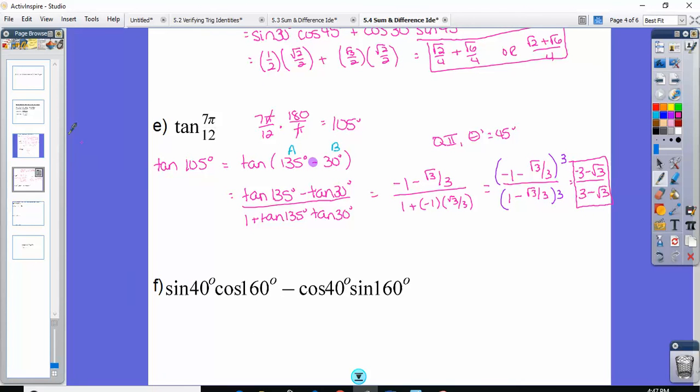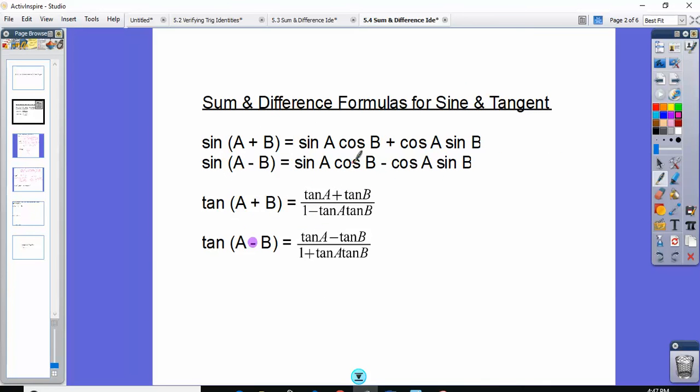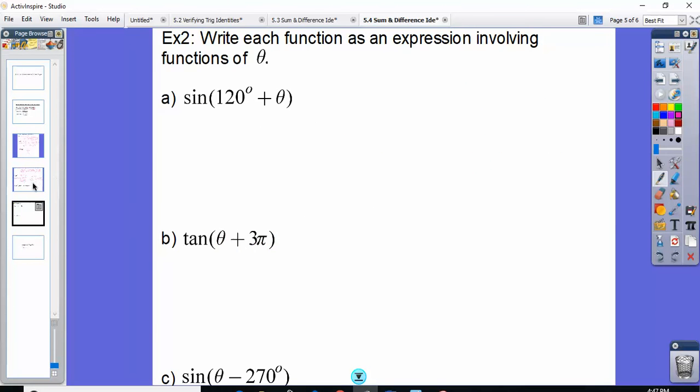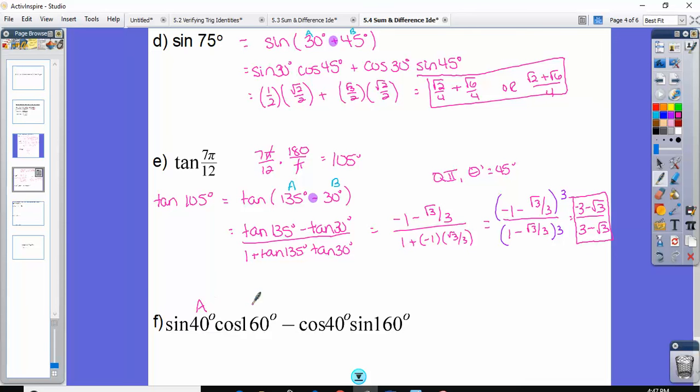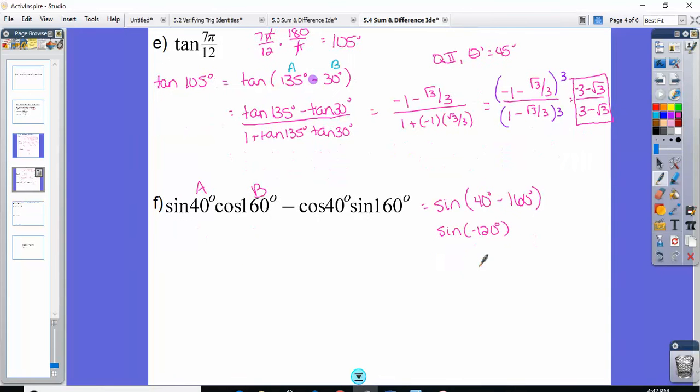Last one. I have sine times cosine minus cosine times sine. So sine, cosine minus cosine, sine, that is this formula. So that's sine of A minus B. So my A is my 40, my B is 160. So this is asking for the sine of negative 120.